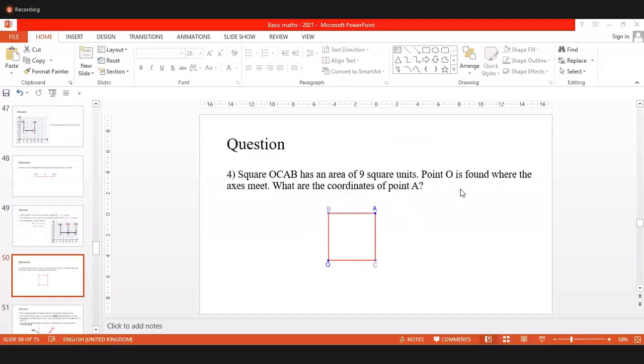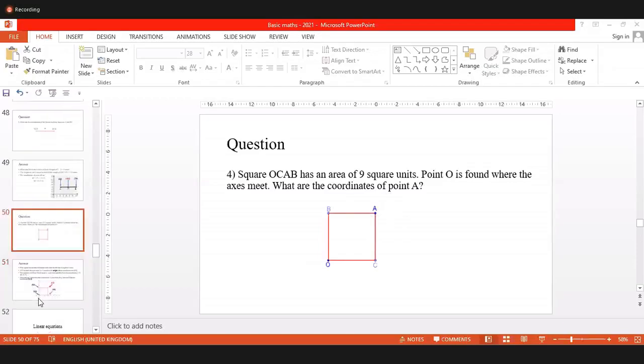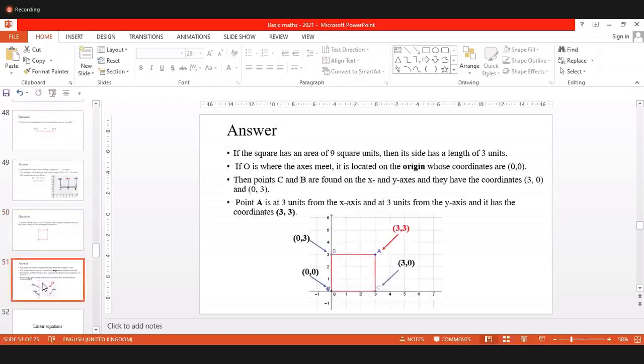What are the coordinates of point A? So we have to identify the coordinates of this one. If the square has an area of 9 square units, then its side has a length of 3 units. You understood or not?